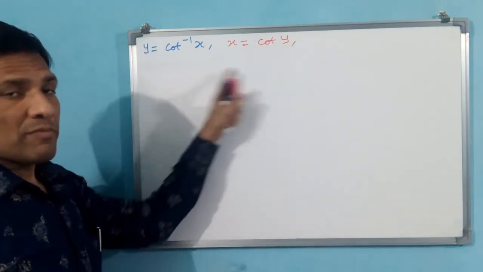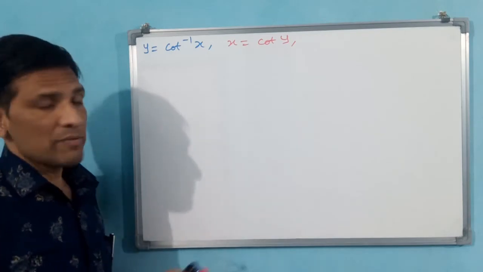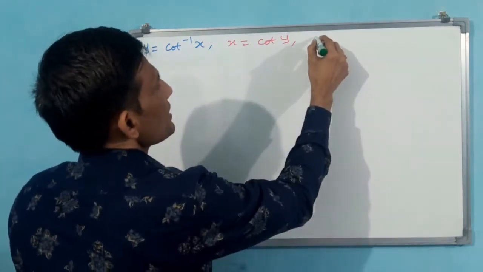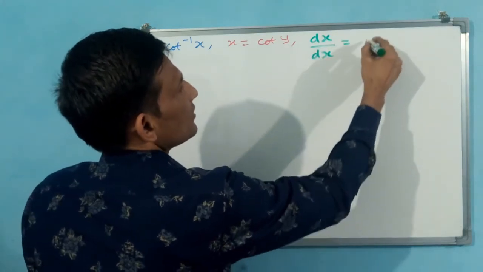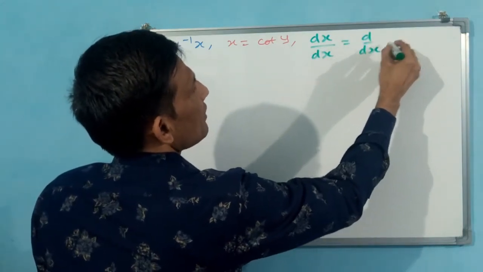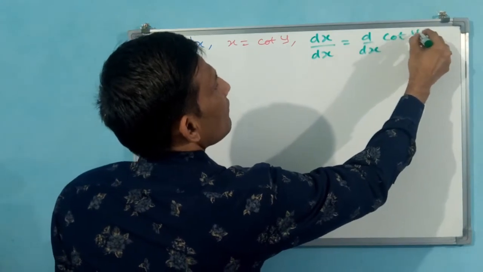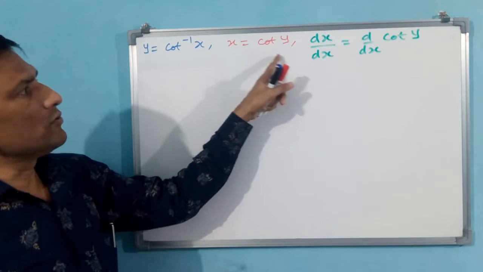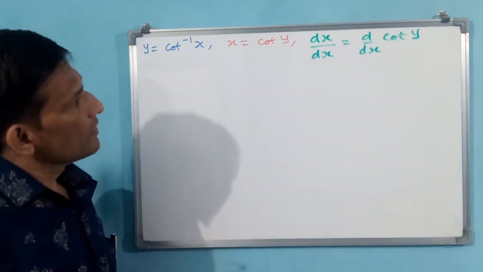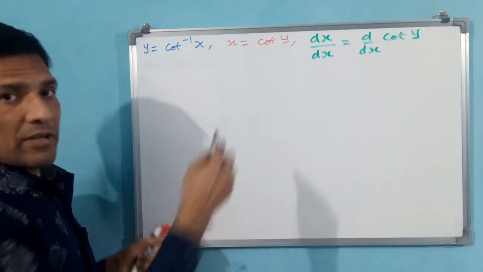You are going to differentiate both sides. d by dx of x is equal to d by dx of cot y. Write down: dx by dx is equal to d by dx of cot y. Now you see, d by dx of x is 1.